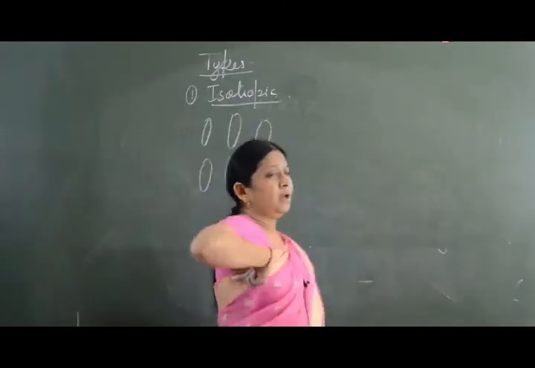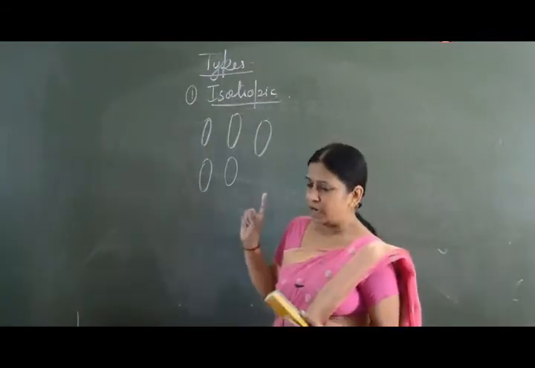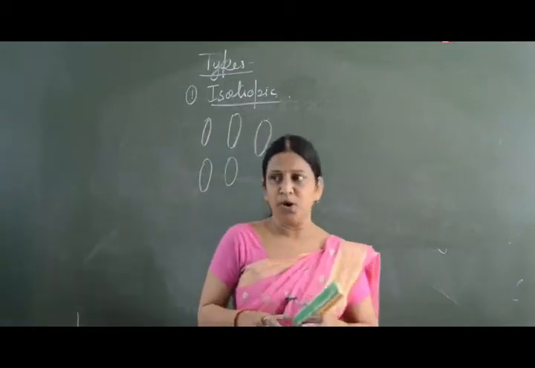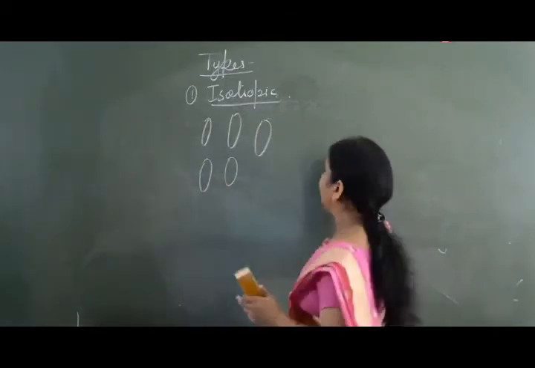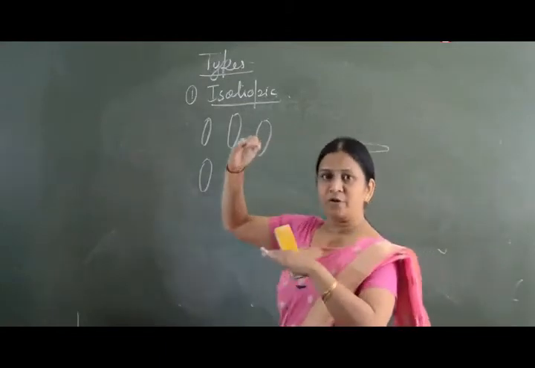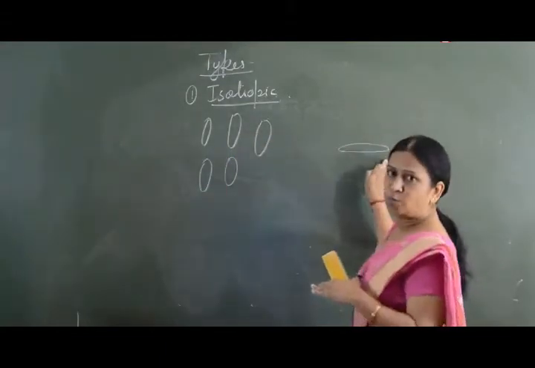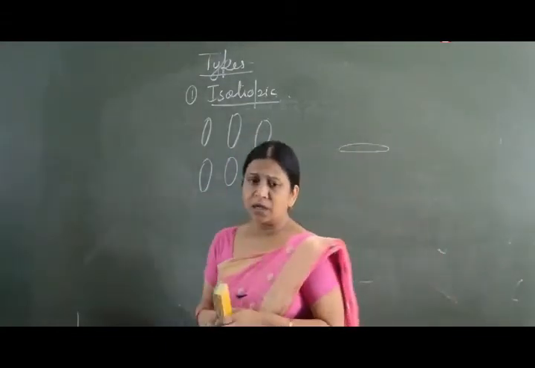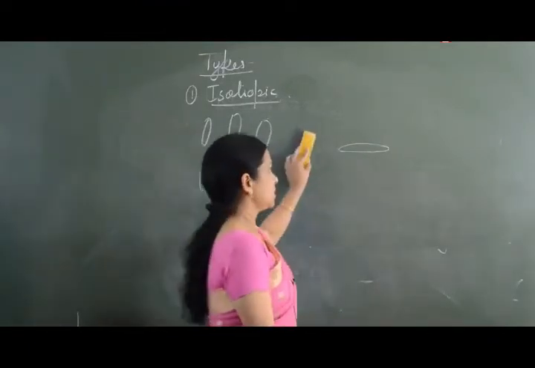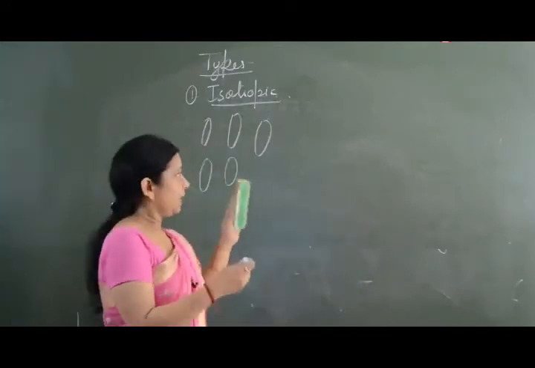Now, one more thing: in liquid crystals we have two types of molecular shape. One is the oblong rod shape, and the other is in the form of a disc. So initially I am going to draw the rod shape.